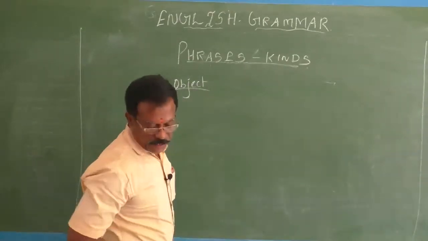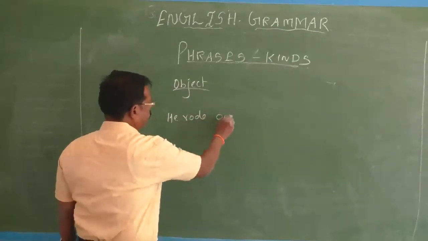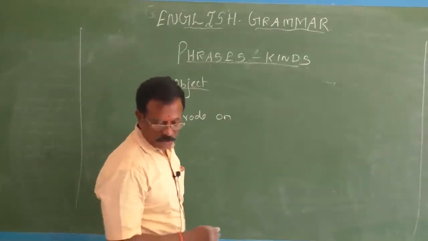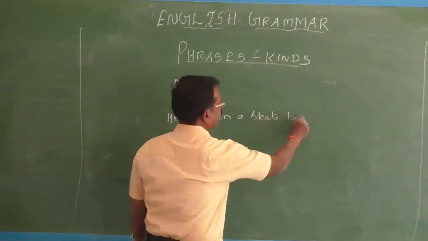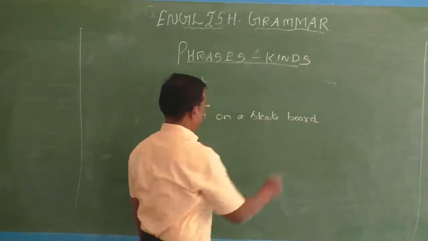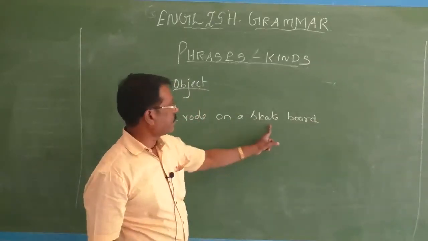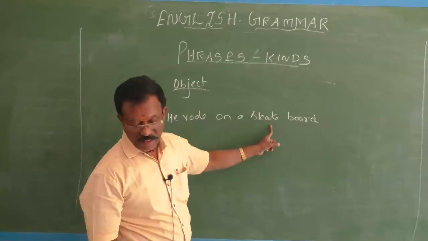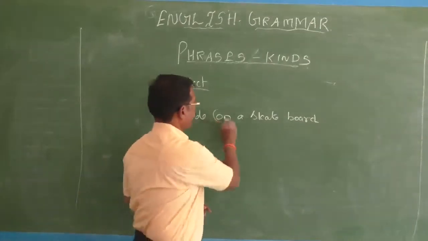See, he rode on a skateboard. Here on is a preposition.